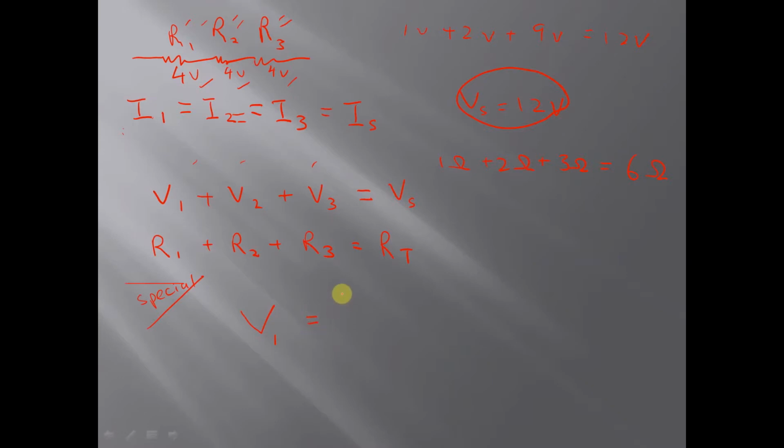The formula is this way. You just have to take the resistance at the first one. Of course, it's respectively, ya. Kalau ini V2, ini pun R2. Kalau ini V3, ini pun R3. Bahagi dengan total resistance, jumlah rintangan, lepas tu didarabkan dengan voltan daripada bateri, the supply. So that's a special formula. Later, when we have a chance to discuss some of the questions, I will show you how it's going to work. So let me show you some basic questions, how they may ask you in the exam.